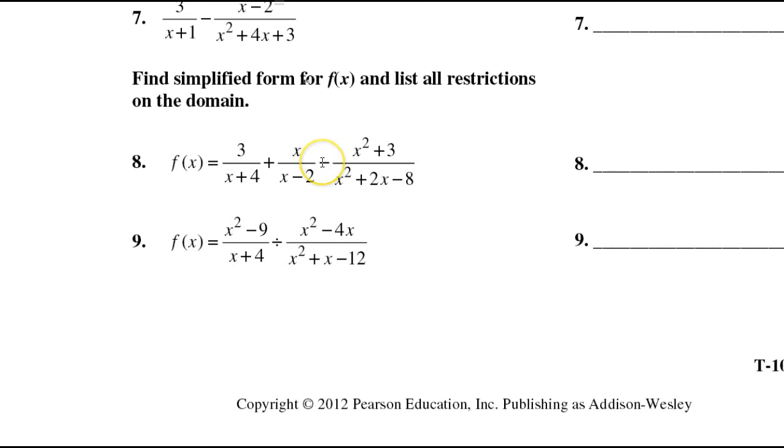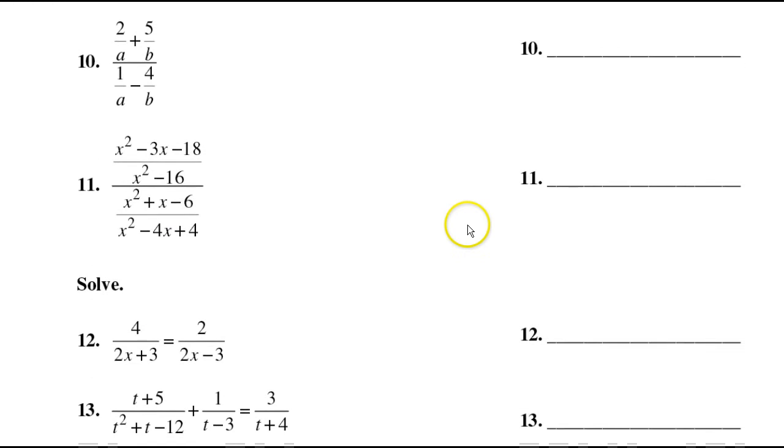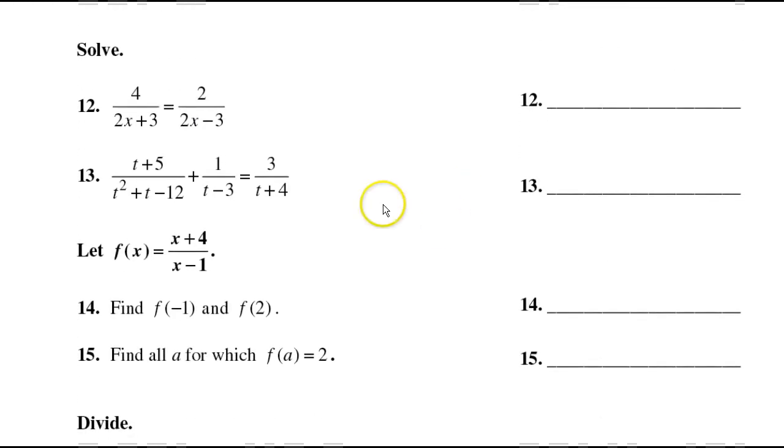And keep in mind, this is a negative, so I'd make it plus, make this negative, and then this negative, and combine like terms. Here we have to remember to take the reciprocal of this and see what factors out and simplify.